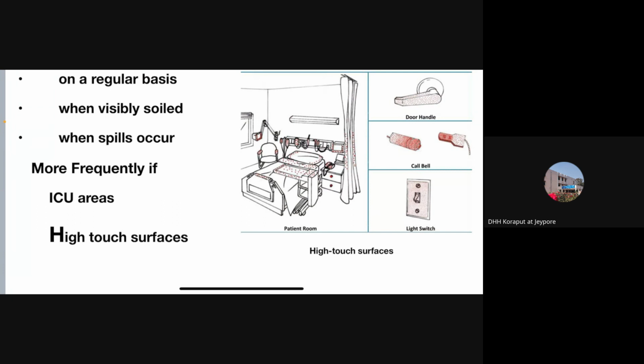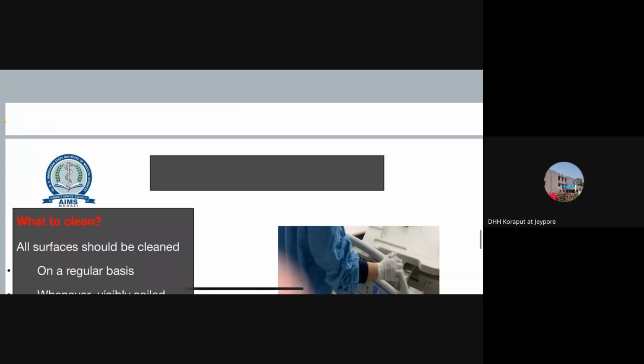That movie has clearly shown that simply cleaning a door handle could have prevented the entire outbreak of that infection. So cleaning is a very, very integral part of infection prevention.